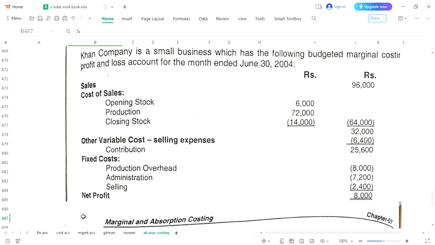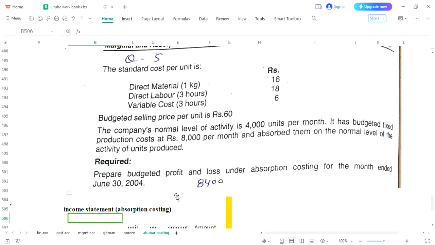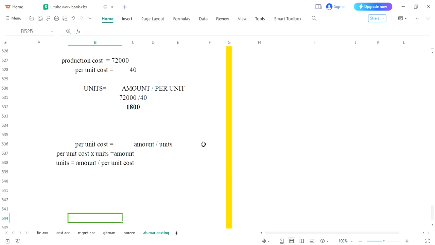So we'll have to see how much fixed per unit cost is present in our question. You will be reading this. The company's normal volume is 4,000 units and its budgeted fixed cost is 8,000. So how can we calculate our per unit cost? Same, we will take help from this formula. Per unit cost is equal to amount divided by units, and the remaining is unnecessary.